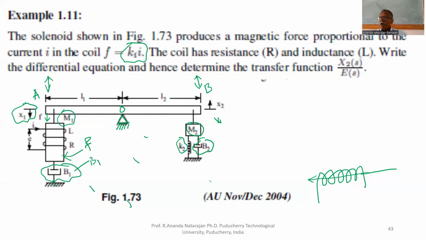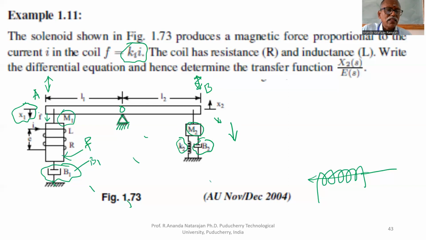X2 is upward. Therefore, the forces developed by M2, K2, B2 are downward.